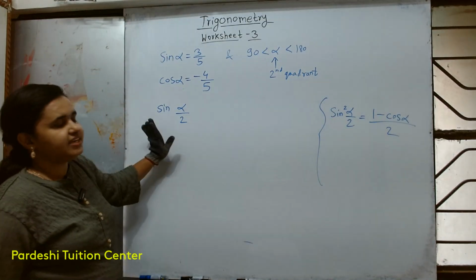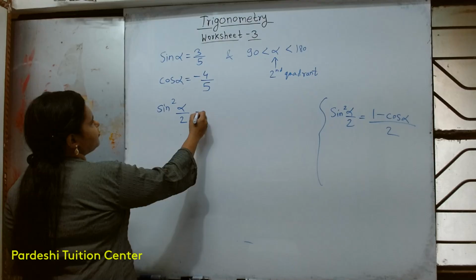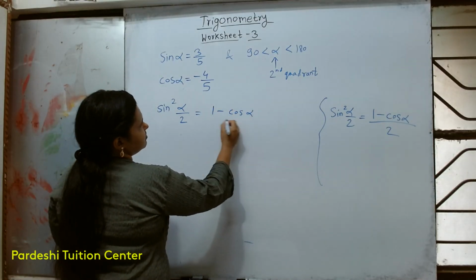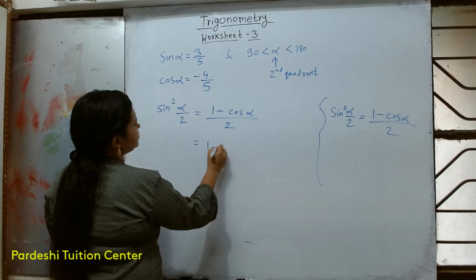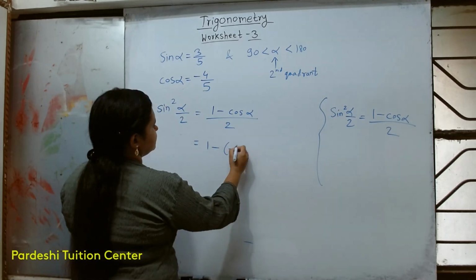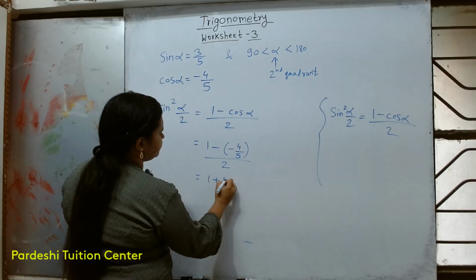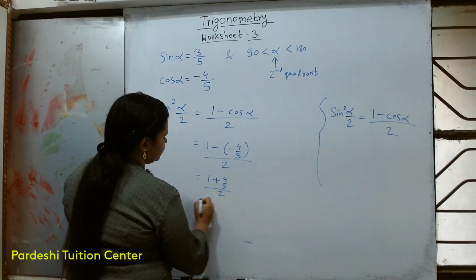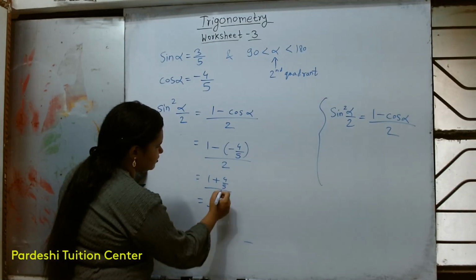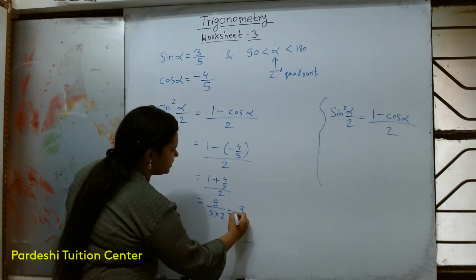So we can apply the formula here. Just put in the value of cos alpha, it is minus 4 by 5. So it will be 1 minus of minus 4 by 5 upon 2, that is 1 plus 4 by 5 upon 2. The LCM is taken as 5, so it will be 9 upon 5, and the denominator will get multiplied, so it will be 9 upon 10.